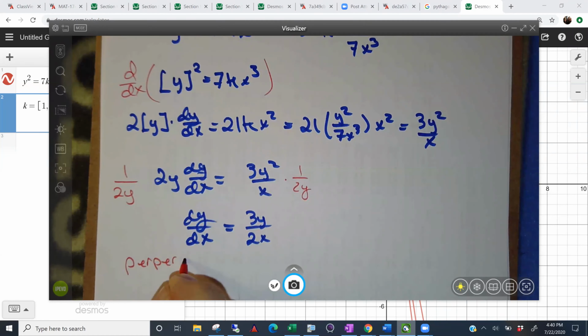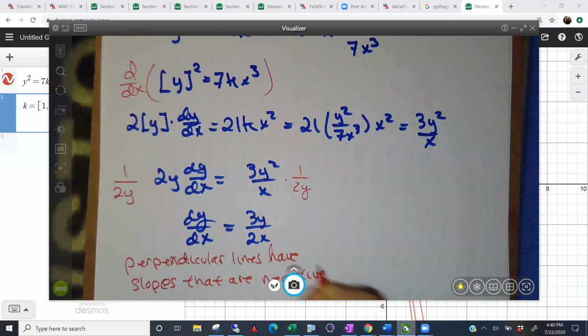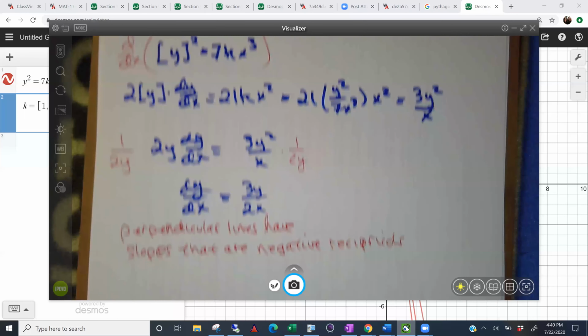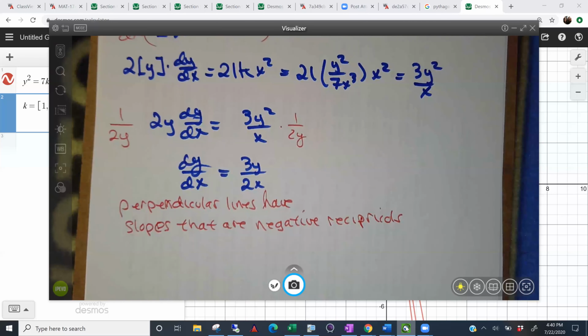Perpendicular lines have slopes that are negative reciprocals. So just a little bit of a reminder here for you.